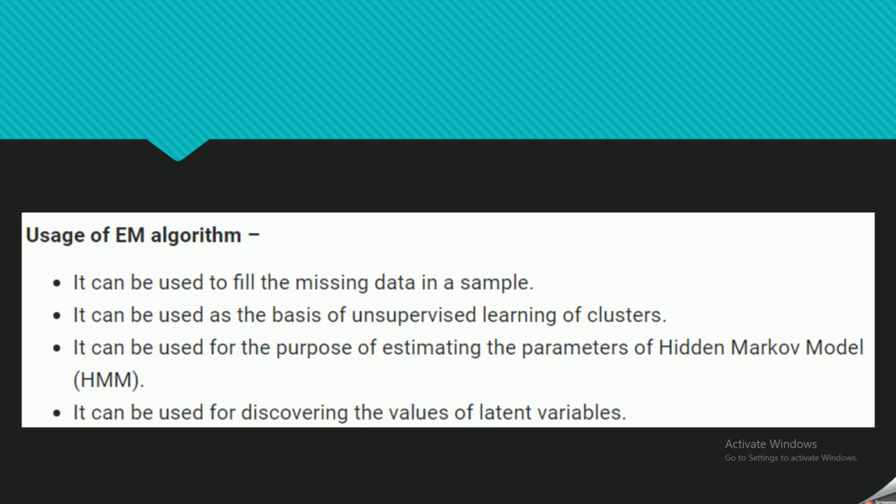We can use this model to estimate the parameters, that is transition probabilities can be found out, or your emission probabilities can be found out with the help of expectation maximization algorithm. It can be used for discovering the values of latent variables. As I told you, latent variables or hidden variables which MLE, that is maximum likelihood estimation, cannot identify, can be discovered using expectation maximization algorithm.